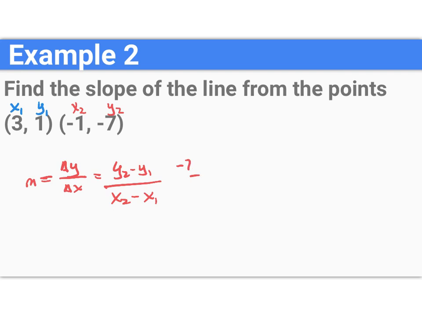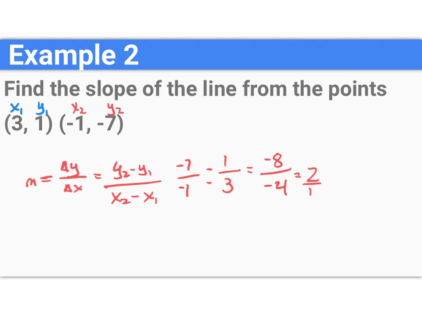So -7 must be over -1, and then you subtract the 1 over the 3. Okay, so -7 minus 1 is -8. -1 minus -3 is -4, which gives you a slope of 2 over 1. Because when you do 8 divided by 4 and 4 divided by 4, you get 2.